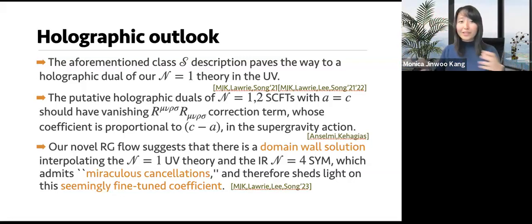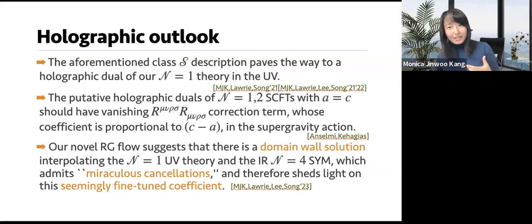What that suggests in the holographic picture is that there must be a domain wall solution that interpolates the N equals 1 theory as a UV theory, and in the IR flows down into the N equals 4 super Yang-Mills dual theory.